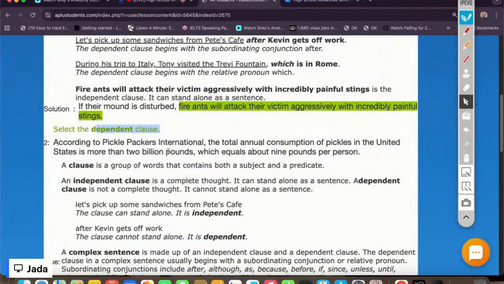So over here we have: select the dependent clause. According to Pickle Packers International, the total annual consumption of pickles in the United States is more than 2 million pounds, which equals about 9 pounds per person. So where does the dependent clause start from?